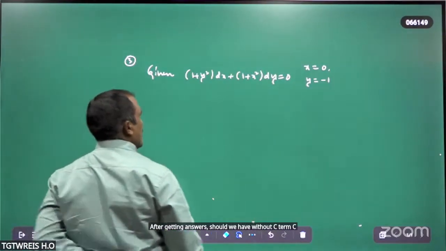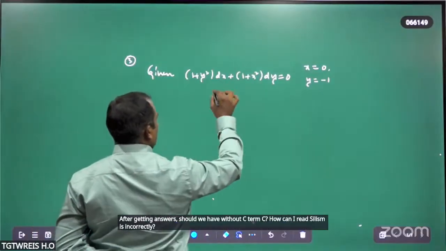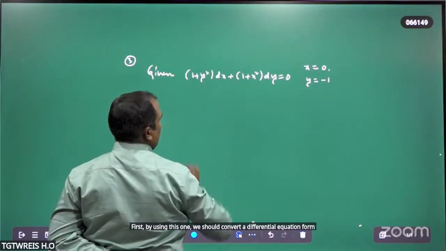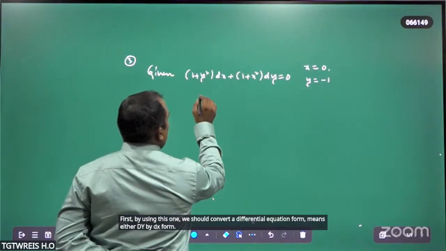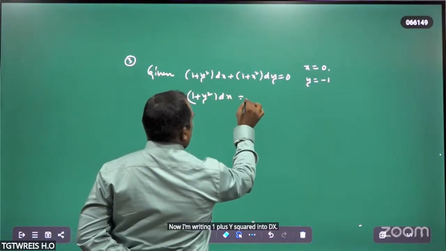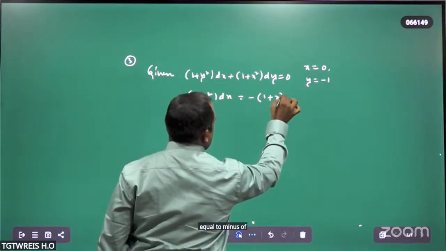See, how can I write? Listen carefully. First, by using this one, we should convert to differential equation form, means the dy by dx form. Now I am writing 1 plus y square into dx equal to minus of 1 plus x square into dy.